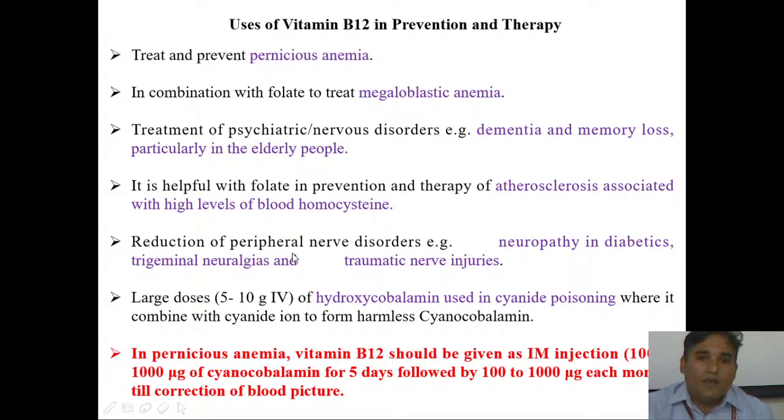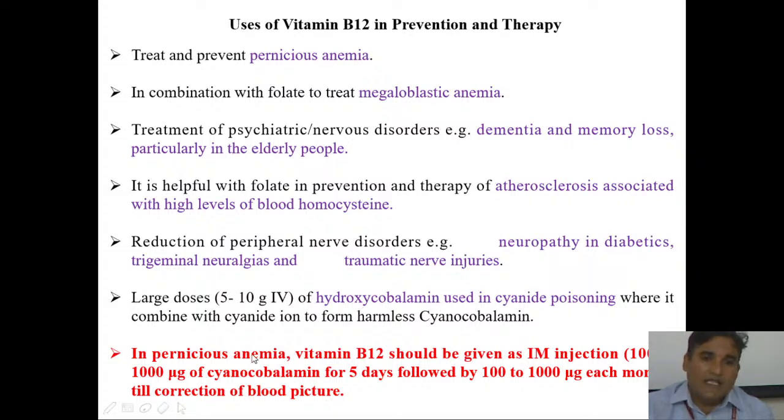And reduction of peripheral nervous disorders like neuropathy, diabetic neuropathy, trigeminal neuralgia, and so on and so forth. And vitamin B12 in large doses by IV administration may be used for cyanide poisoning, because it forms cyanocobalamin.